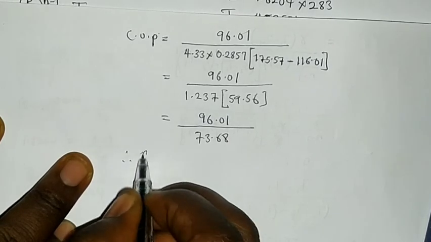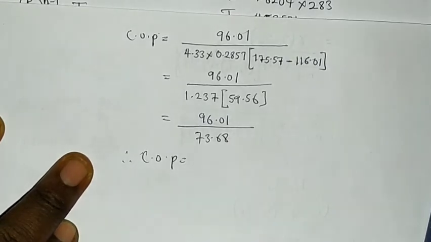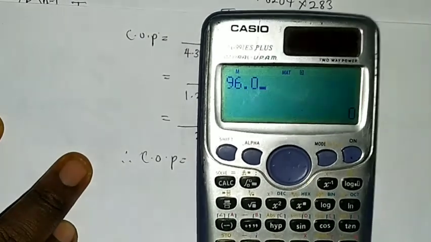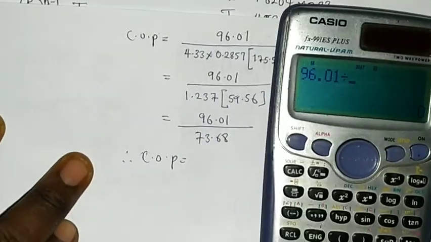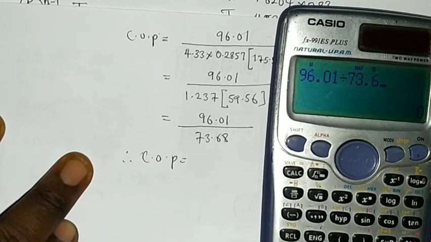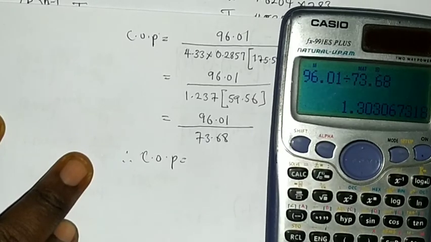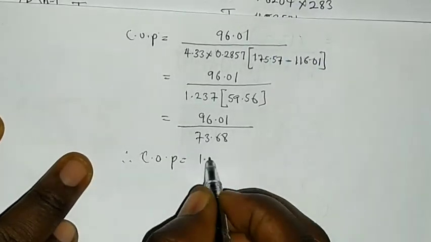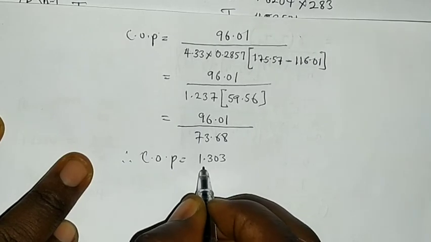Therefore, the COP is 96.01 divided by 73.68, which gives 1.303. So that will be my COP.